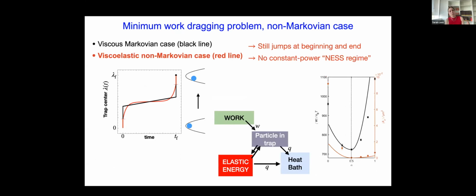So instead we want to move in a way that we put as little energy into this elastic energy storage as possible. And again, we conducted experiments confirming our optimal solutions from the theoretical prediction.